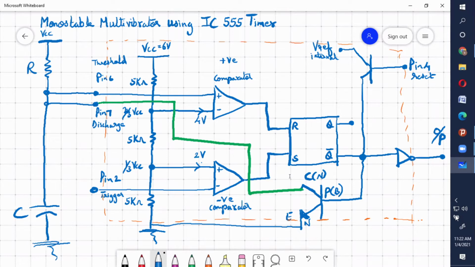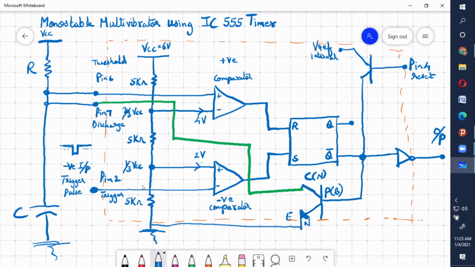And pin number 2 is applied with the negative trigger. Clear, students? This point is not connected to your capacitor. Students, have you noted down the circuit diagram for monostable multivibrator?